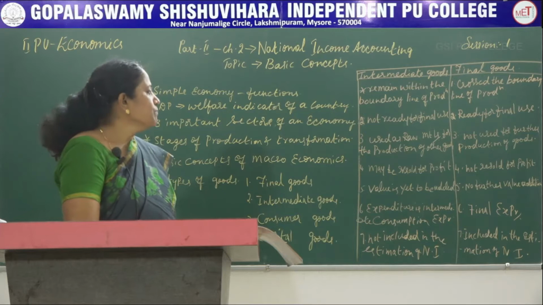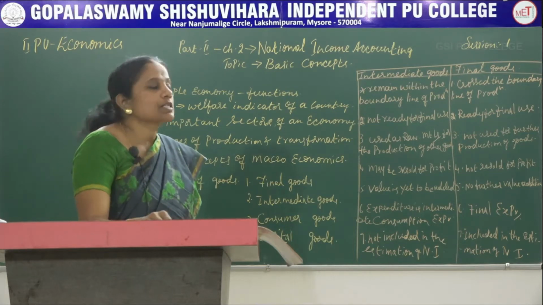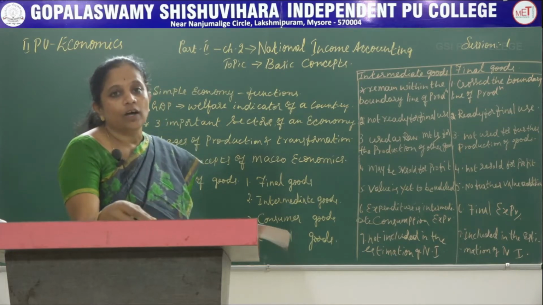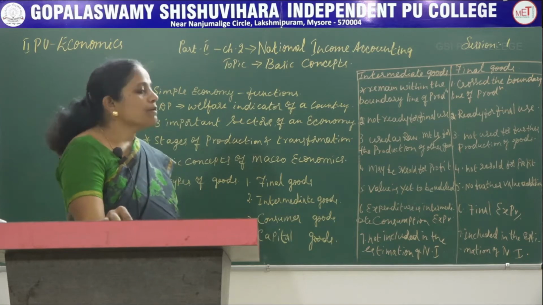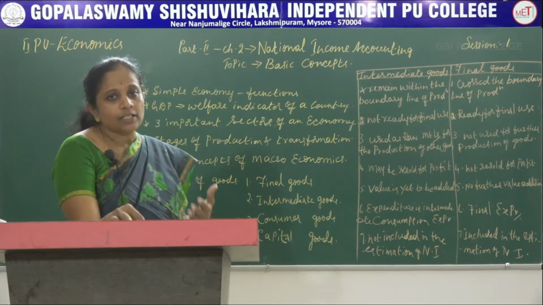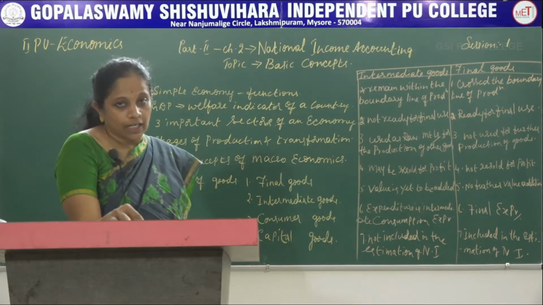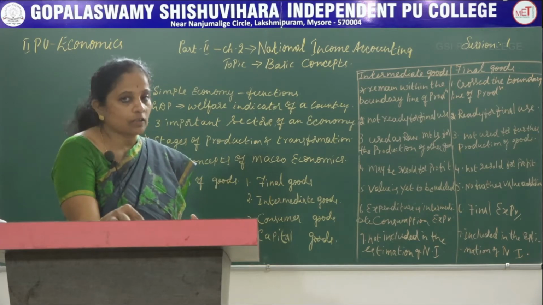They are the government sector, household sector, consumer sector, as well as the sectors related to foreign exchange or foreign trade. The simple economy functions in such a way that it contributes to the welfare of the country and it enhances economic development and growth.